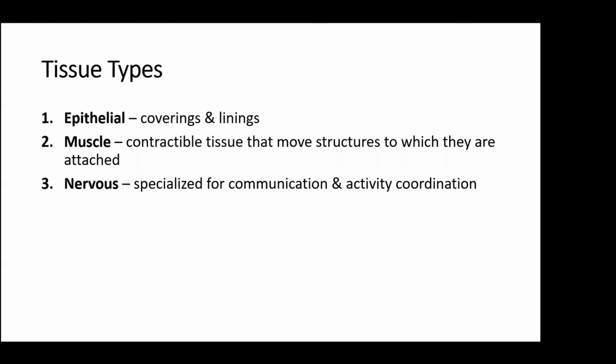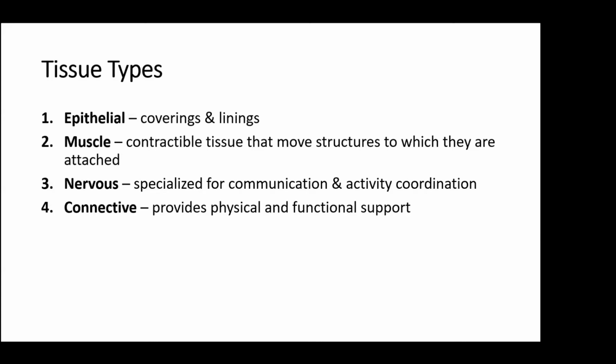Our third type of tissue is nervous tissue, which is specialized for communication and activity coordination, which is to say nerves are going to send signals, and those signals are going to orchestrate some kind of response in the body. So as we were talking about regulating and homeostasis in lecture, we're going to expect to see our nervous system involved in that process, coordinating responses.